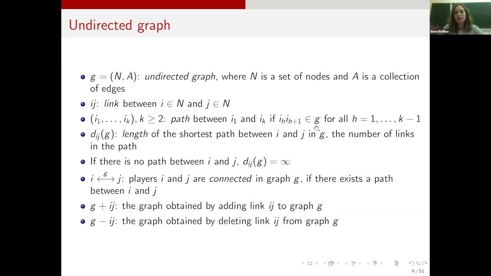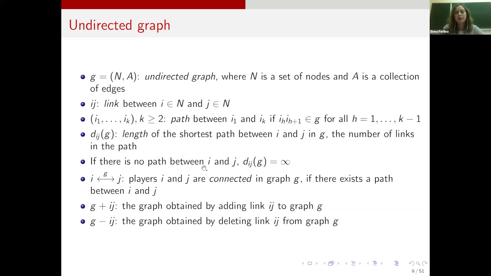We have these links from graph G, and we denote by Dij of G the length of the shortest path between player I and player J in undirected graph G. It is the number of links in this path.